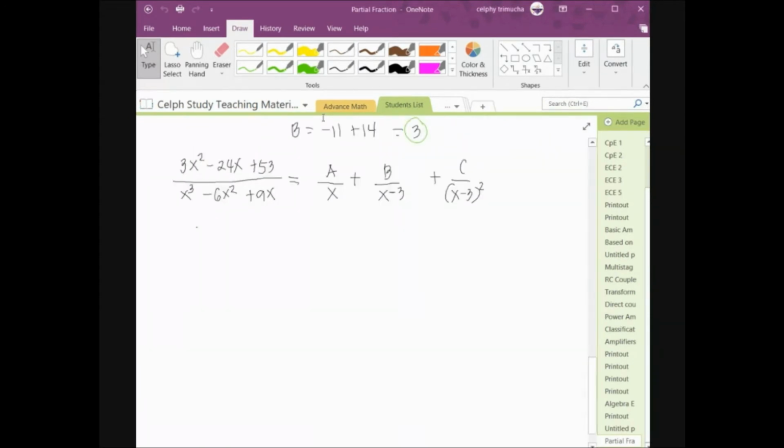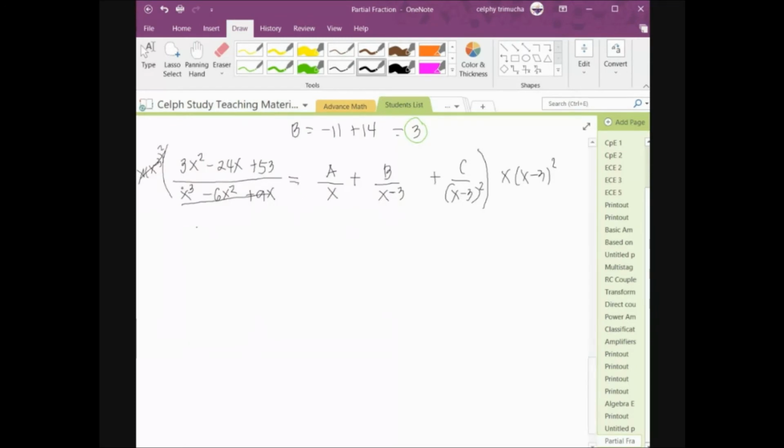So multiply ta both sides by ang in-factor ta kagina which is x times x minus 3 squared. Same man sa akon nga right side, you have x times x minus 3 squared. Sa left side of the equation, makancel na ni tanan.